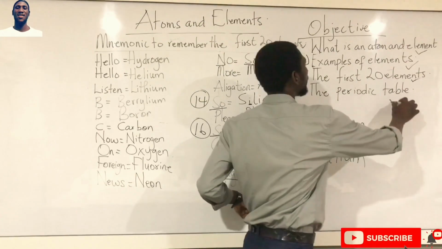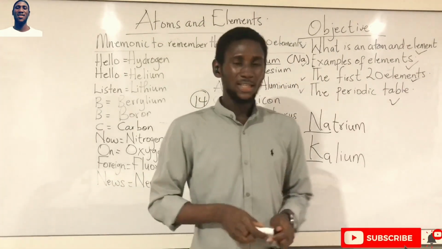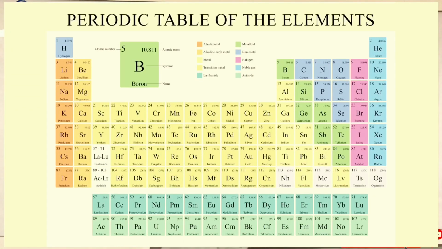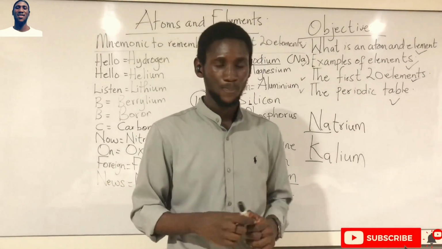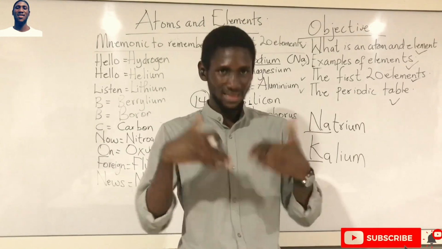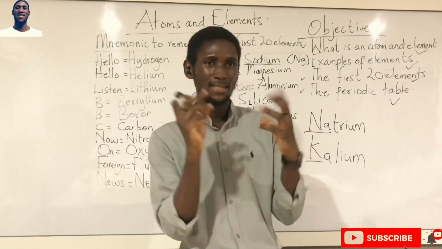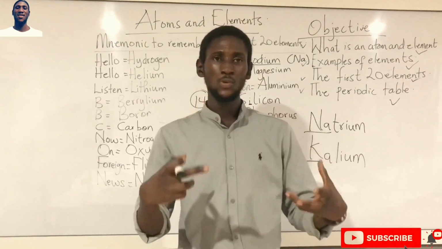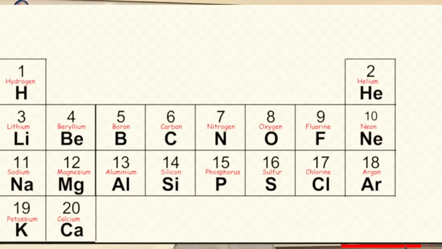Now let's look at the periodic table a bit. The image you have in front of you contains the 118 elements. But for the purpose of this lesson, we are going to condense it, tailored for the first 20 elements. It is critical for us to understand that the periodic table can be grouped into two categories.